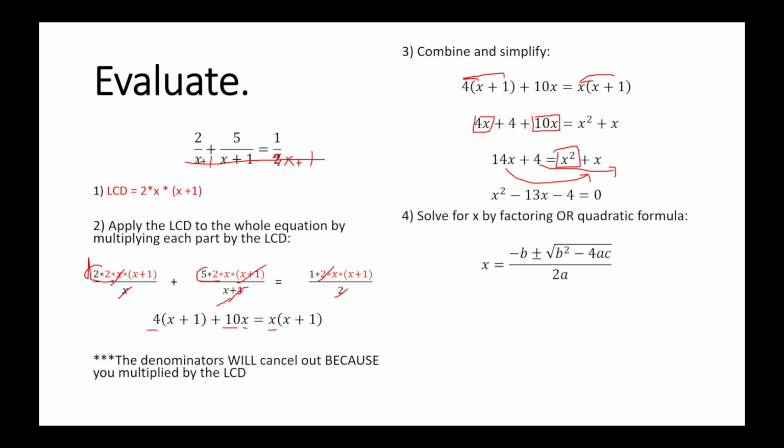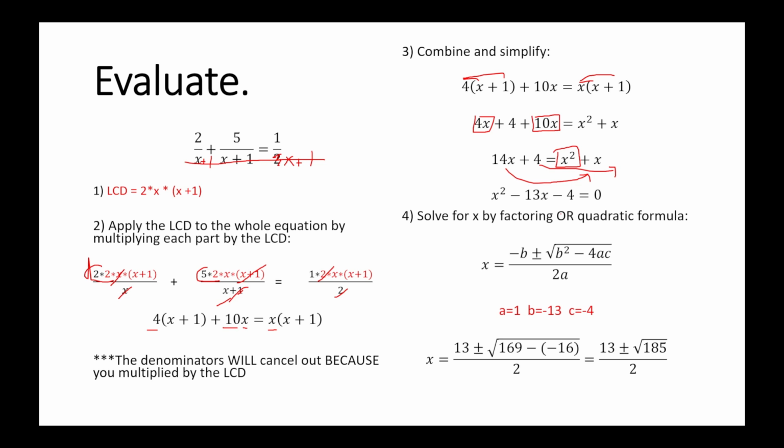A is the coefficient, the number that's being multiplied by x squared. That ends up being 1. B is the coefficient next to your x variable. C is your constant. It's not connected to an x. Therefore, A is 1, B is negative 13, and C is negative 4. And you just plug these into this equation. Negative, negative 13, two negatives make a positive. That's how we end up with the 13 there.